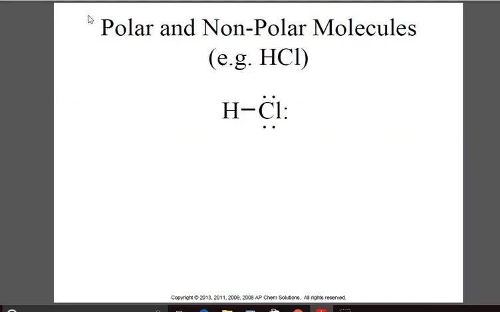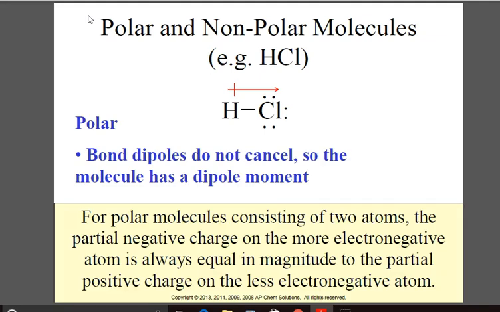For example, HCl. We just looked at this one. So we know that the bond is polar. We know that the chlorine pulls the electrons toward itself, the ones that are shared in the middle, and hydrogen is left electron poor. So this molecule is polar. The bond dipoles do not cancel.